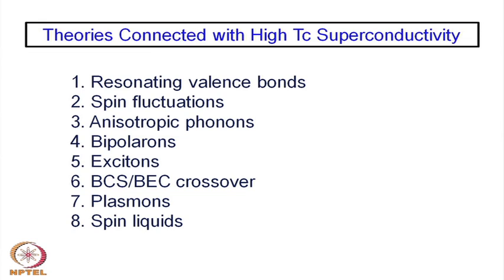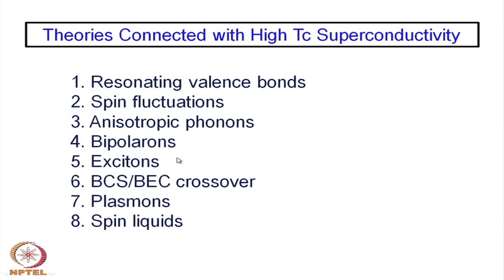And immediately after the discovery of ceramic superconductors, many well known physicists started working on it, and they proposed many different theories. I am once again not going to the details of that, it will take a long time. So, we will just mention some of them.